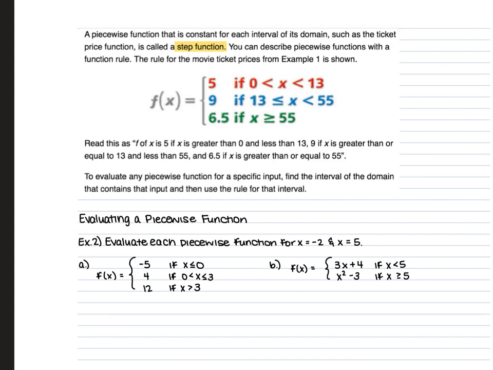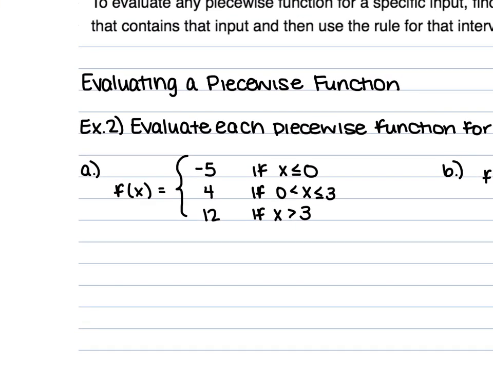So for example 2, we're evaluating each piecewise function for x is equal to -2 and x is equal to 5. So if x is equal to -2 for A, we have to look at those inequalities. We have inequalities that are x is less than or equal to 0. Does that make that statement true?